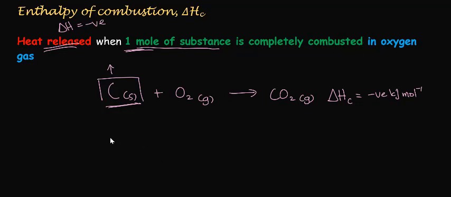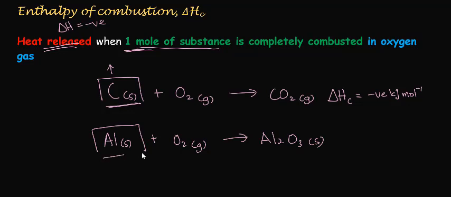Another example, if you have aluminum combusted in oxygen completely, it should form Al2O3. Here the 1 mole of aluminum is completely combusted in oxygen gas. So this one must be in 1 mole.